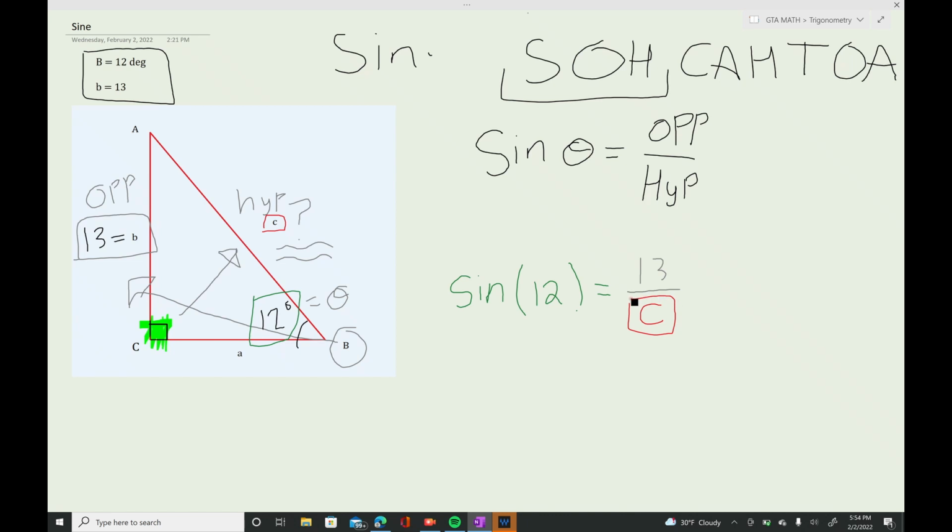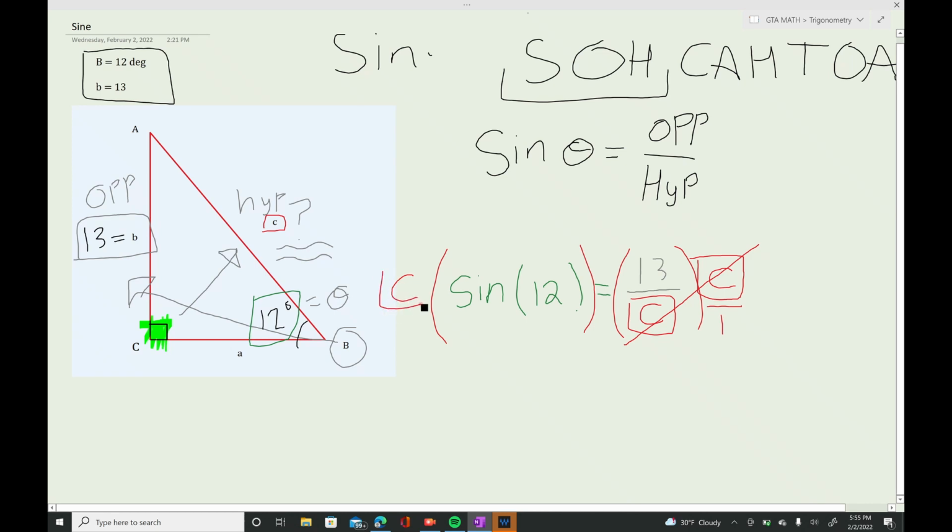So the first thing I'm going to do is get rid of this fraction. So I'm going to multiply the top and bottom by this C on both sides, because this is something we do in algebra. We do it to one side, we do it to the other. And this is really just C over 1. That is going to cancel out. And then we're going to have this C brought to this side over 1.